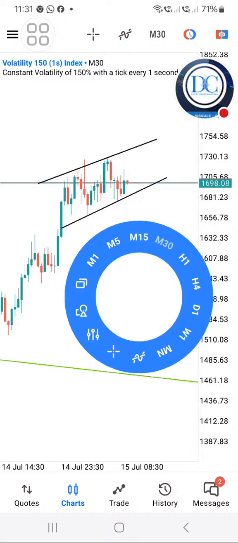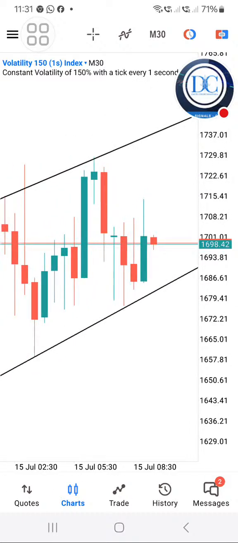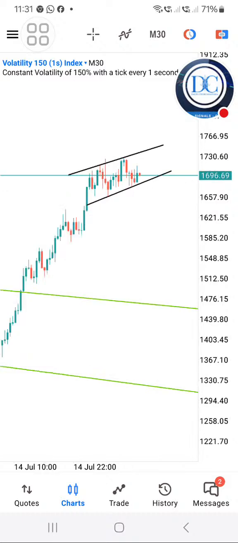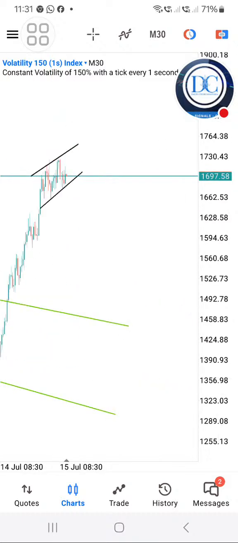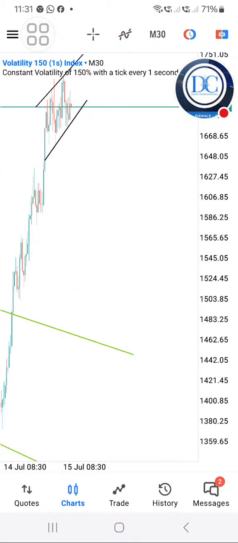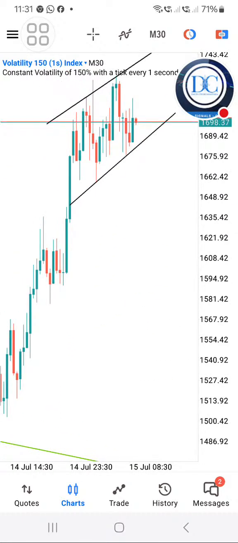So what I want to see in VIX 150 is a candle closing above this. It will indicate that price is ready to move upwards. If a candle breaks down, breaks this lower trend line, I will not be looking for selling opportunities. I will leave it and look for something else.